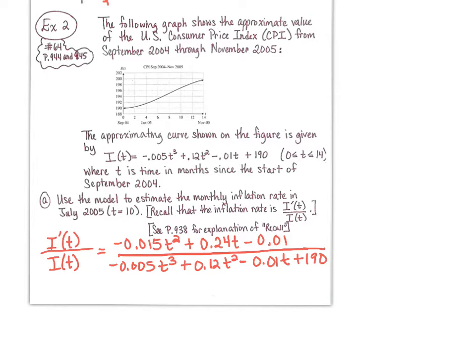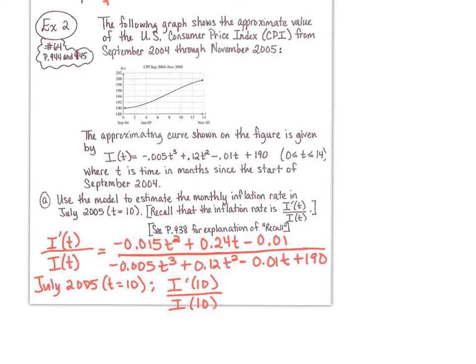Now, for July 2005, that means t is equal to 10. Now we substitute in 10. So the inflation rate would be I prime of 10 divided by I of 10. You can use your calculators. What you're going to do is plug in 10 in each part where there's a t.